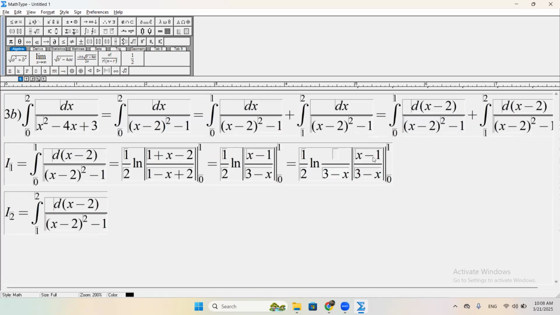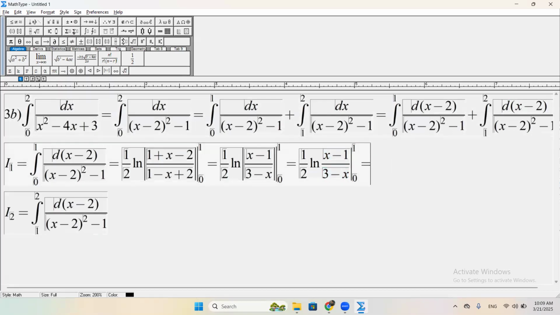When I substitute here, x minus 1 remains, so we don't have negative values here.